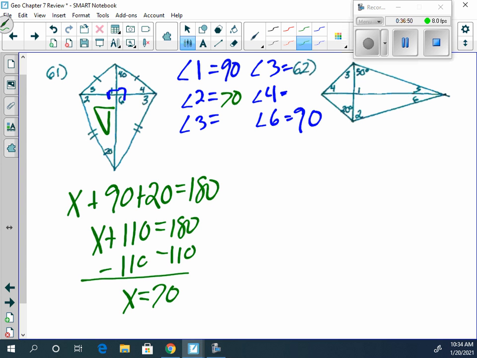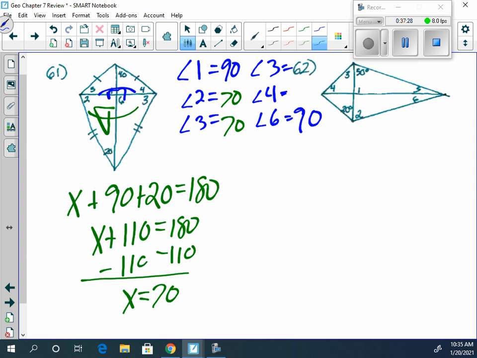Well, do we know any other angles from that? 3. Because again, we said the angles between the non-congruent sides are congruent. So those would both be 70. So that leaves us with 3 and 4, these 2 here, yes? Well, once I find the value of one of them, I have the value of the other.